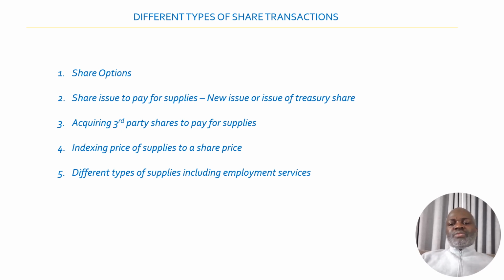But in all these types of share transactions, you must also be cognizant that some of them are happening with employment services. So the employer is dealing with the employee, and the service that they've received is employment services. That's a special space, because it brings in rules around remuneration. It brings in specific provisions around some of those transactions, like share options.